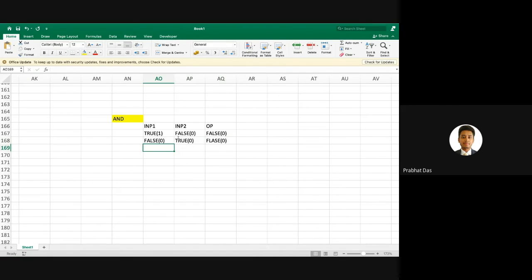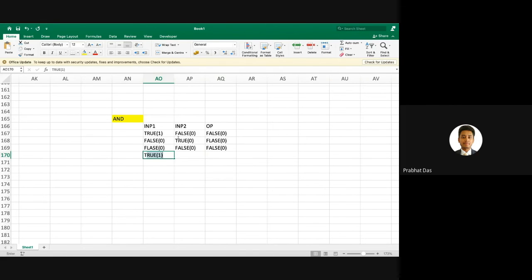If you're passing both values as false, you can see that I'm using 0 because 0 signifies a false value. Here the output is false. That means if either one of the inputs is false or 0, then the output shall remain 0. And if both the inputs are 0, the output also remains 0 or false.